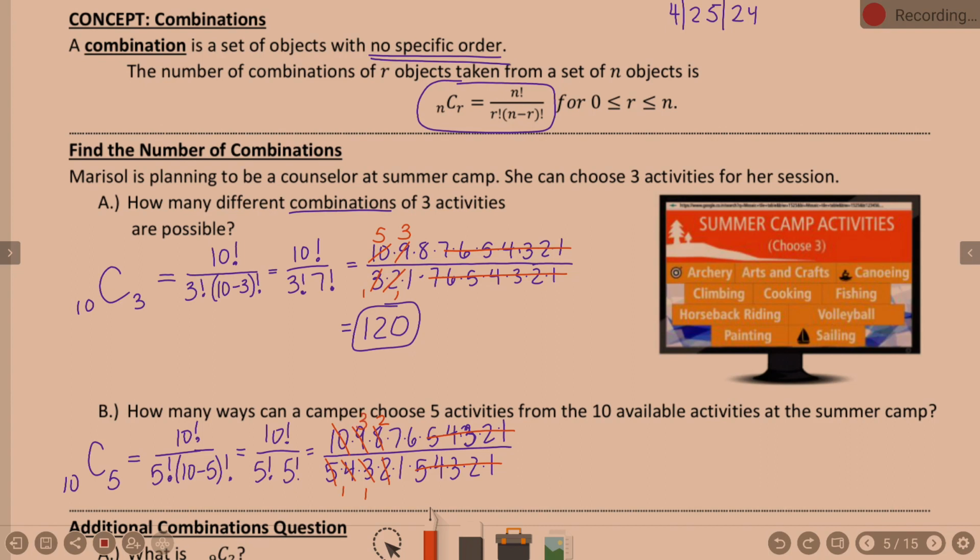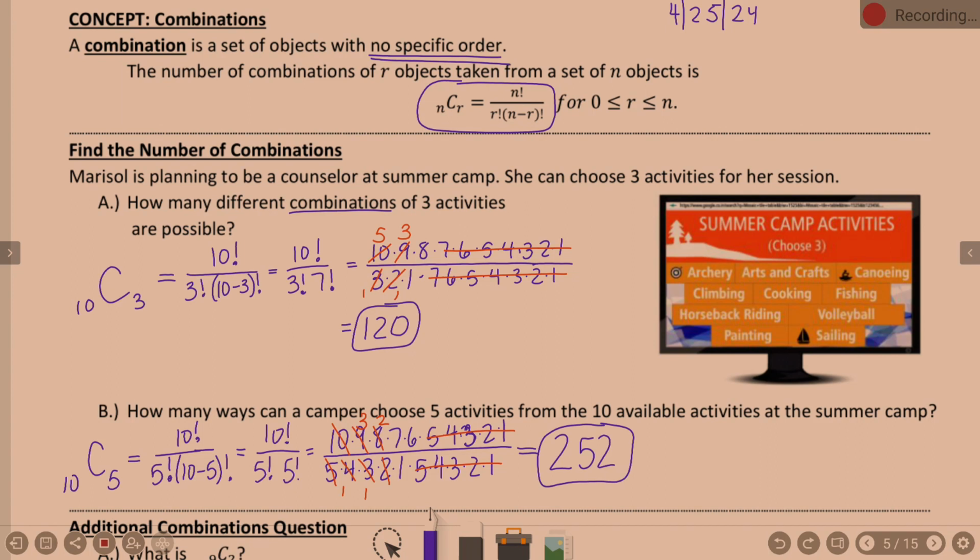And here's the deal, it doesn't matter, guys. At my point, as I look at this, I have 3 times 2 times 7 times 6 left. You might have slightly different numbers, but here's the deal: it's got to multiply to be the same thing. What are we multiplying to be? 252 options of ways she can pick 5.